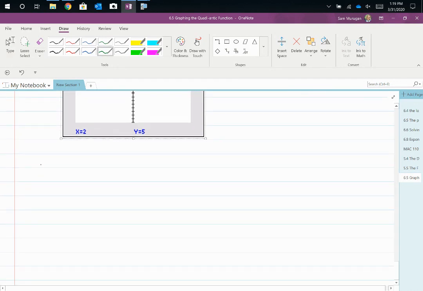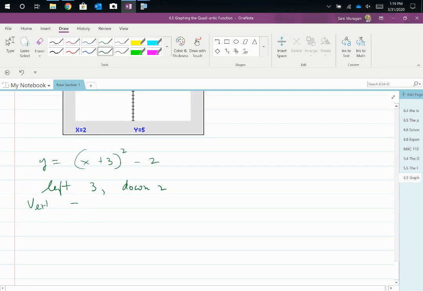One more example like this. y is equal to (x plus 3) squared minus 2. So left 3, down 2. In other words, the vertex is at (-3, -2). The axis is x is equal to -3.